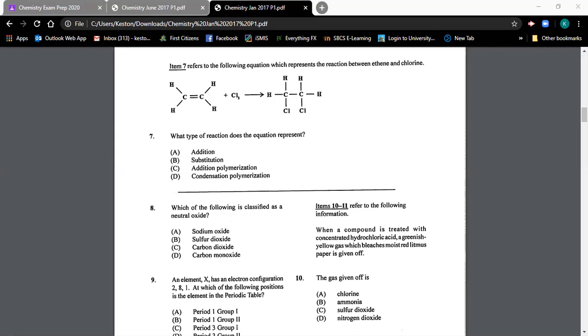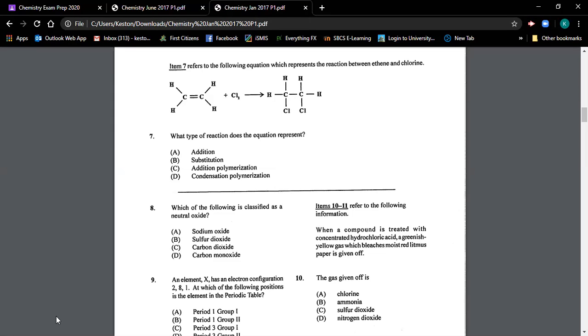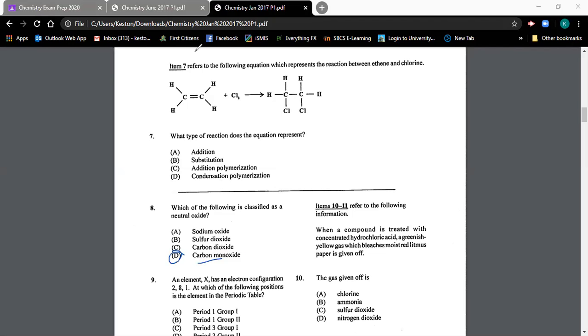If you guessed carbon monoxide, you are correct. Carbon monoxide is a neutral oxide. Yeah? D as a neutral oxide there. Right, almost done. We just go up to 10.